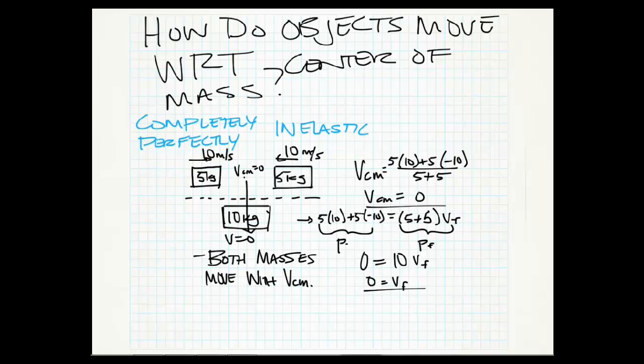So for each one of these masses, they now have the velocity that the center of mass had beforehand. That's how a completely inelastic or a perfectly inelastic collision works. So let's look at the next one. Just inelastic.